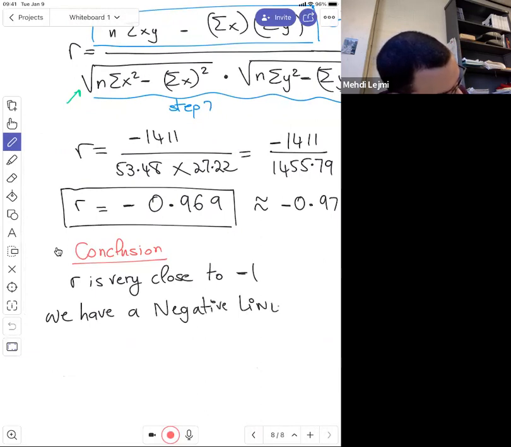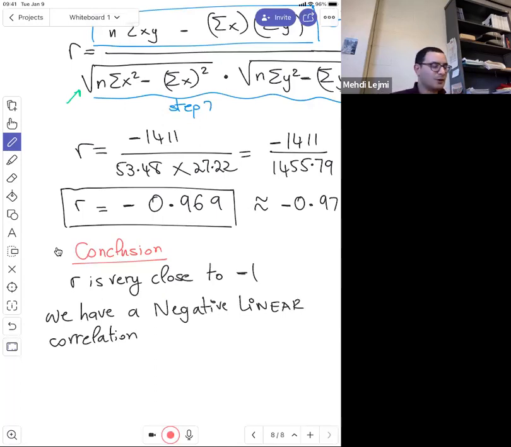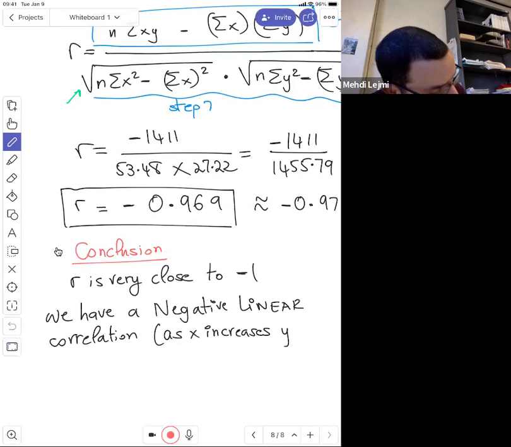What does it mean to have a negative linear correlation? Negative means we have a line which goes down, and it means that as X increases, Y decreases.